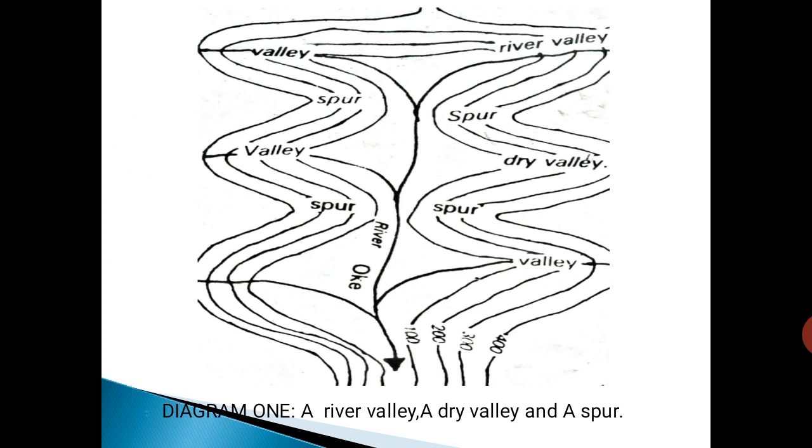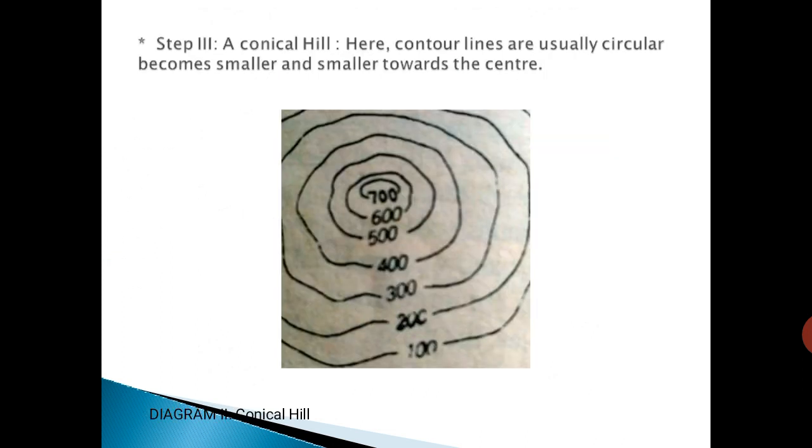Now, if you look at the middle of this diagram, there is also a valley that water is not flowing through, and that is called a dry valley. So, these are the features.